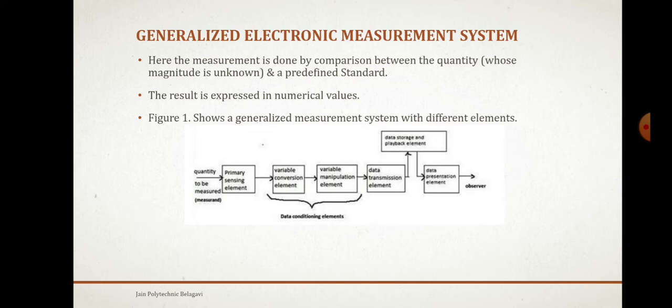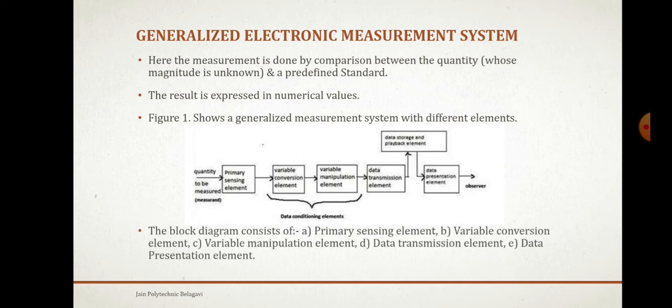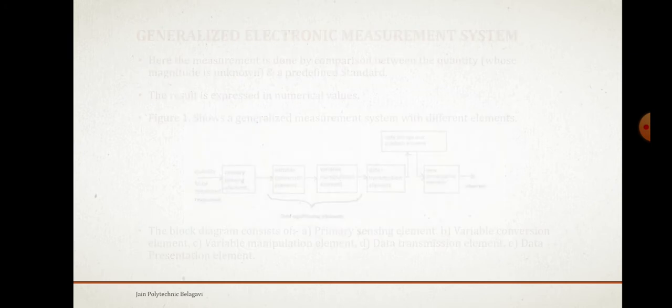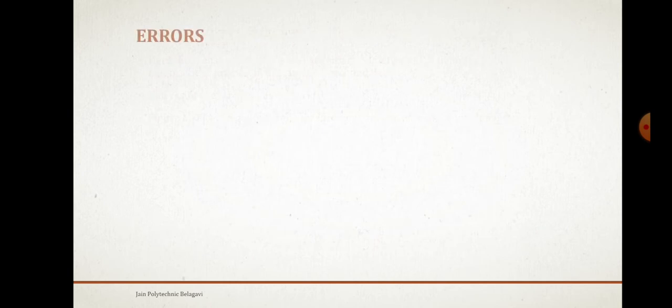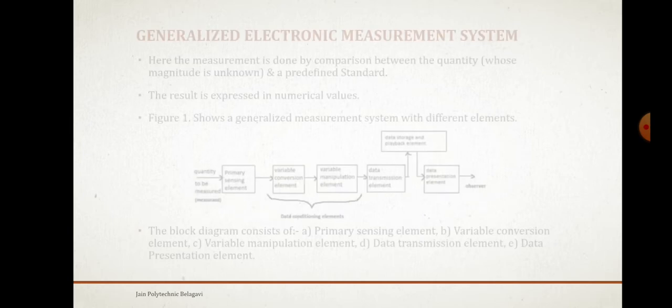Transducer or primary sensor, that is your primary sensing element. Then variable conversion element, variable manipulation element, data transmission element, data storage and playback element, and data presentation element. And to that we will be giving a power supply. You can see in the diagram what these all will be doing.